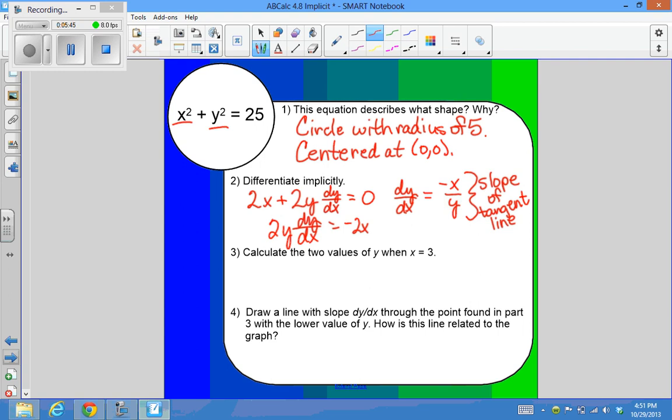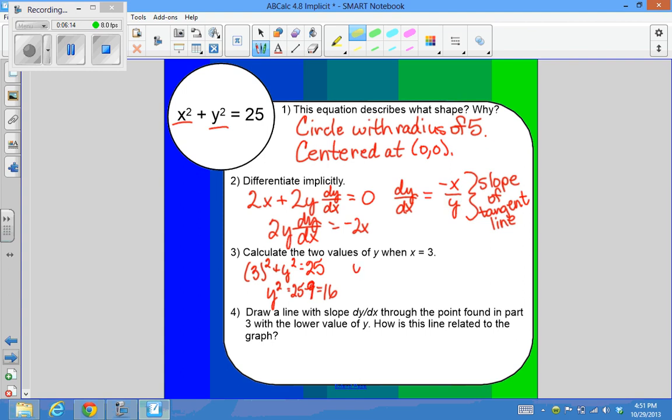Two values of y when x equals 3, so you go back up to your original, and when x equals 3, how about if we put in 3 squared plus y squared equals 25. So y squared is going to be 25 minus 9, which is 16.